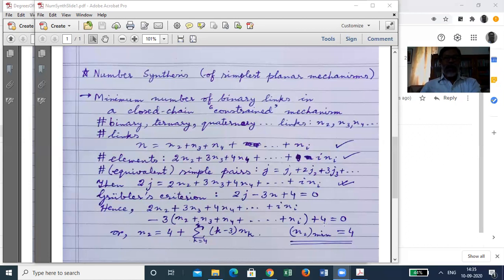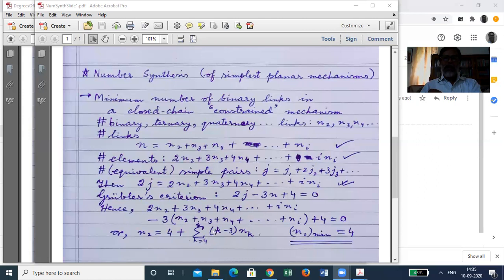So this 4 has been kept to begin with here, and then thrice n3 minus thrice n3 is 0. Then 4 times n4 minus thrice n4, there is 1 n4. So you see for k equal to 4, it is n4. Then 5 n5 minus 3 n5, there will be 2 n5.